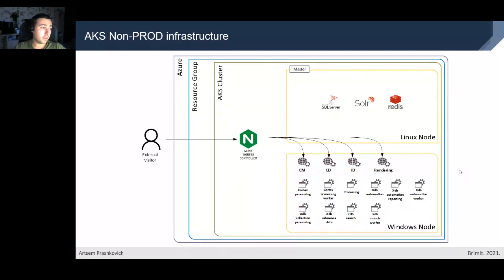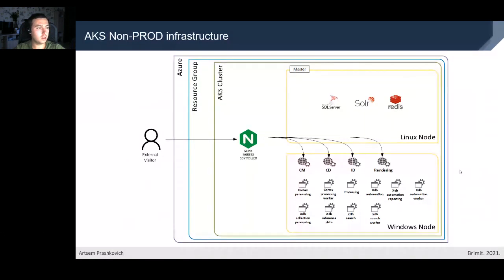But as it was our first experience building Kubernetes environments and deploying projects there, we decided to build our UIT environment exactly the same way as we are going to deploy our production. So it is almost the same.